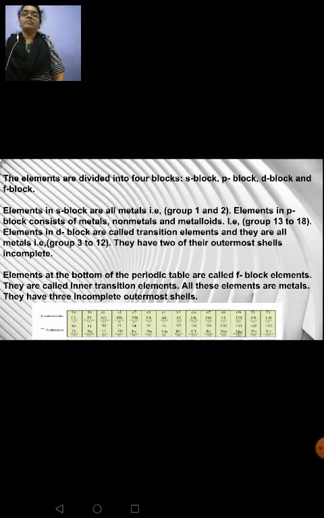See now, at the bottom of the periodic table you find these inner transition elements. They all come under F block and they all belong to group number 3. Your lanthanide series belongs to period number 6 and your actinide series belongs to period number 7, but they both belong to the same group.